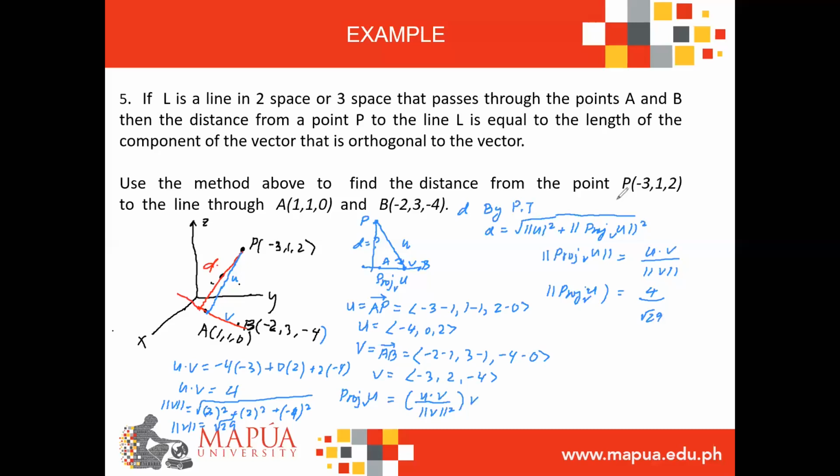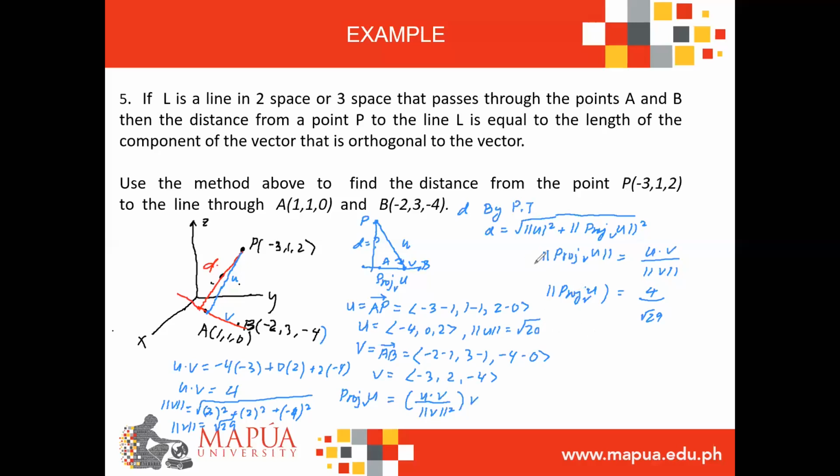So we have found already the projection of U onto V. Then let us also find the magnitude of U. For the magnitude of U, that is equal to 16 plus 0 plus 4, that's the square root of 20.